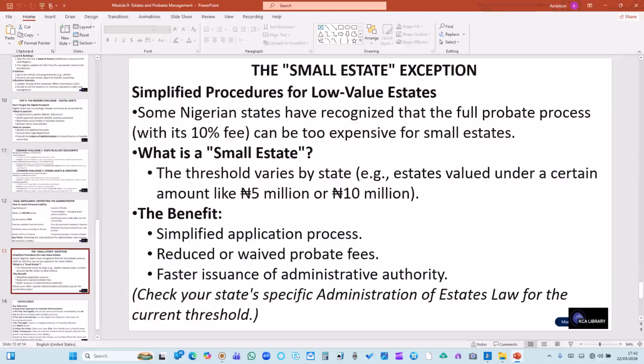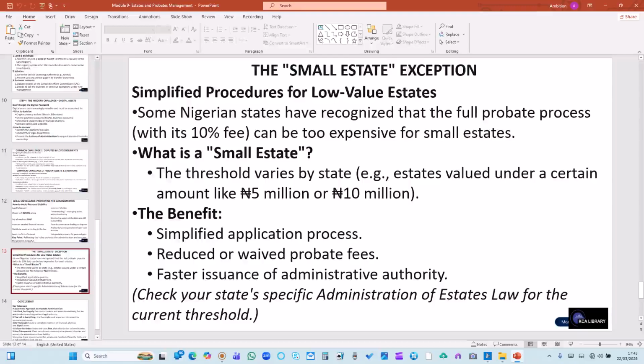Now let us look at the small estate exception, that is simplifying procedure for low value estates. Some Nigerian states have recognized that the full probate process, that is with a 10% fee, can be too expensive for small estates. What is a small estate? It is defined by a threshold, and the threshold varies by state.